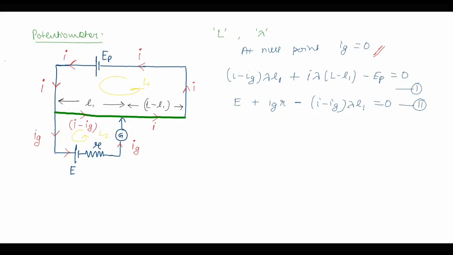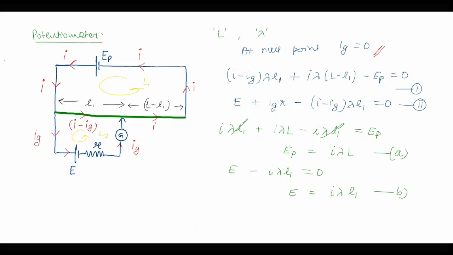The first equation becomes I lambda L1 plus I lambda capital L minus I lambda L1 is equal to EP, where we can cancel this out and we have EP equal to I lambda capital L. I am mentioning this as A. And the second equation, if we put Ig equal to 0, is E minus I lambda L1 equal to 0, and hence E is equal to I lambda L1. This becomes equation B.